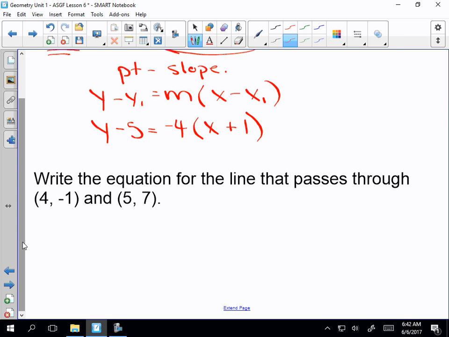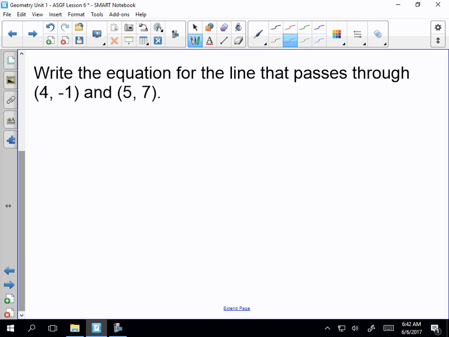Okay, write the equation for the line that passes through these 2 points. Okay, now we're given 2 points, no y-intercept value, because we can see that both of the x's are not zeros. So our first step is to identify the slope. Okay, and remember, slope you can always work in either set of points for your first value.